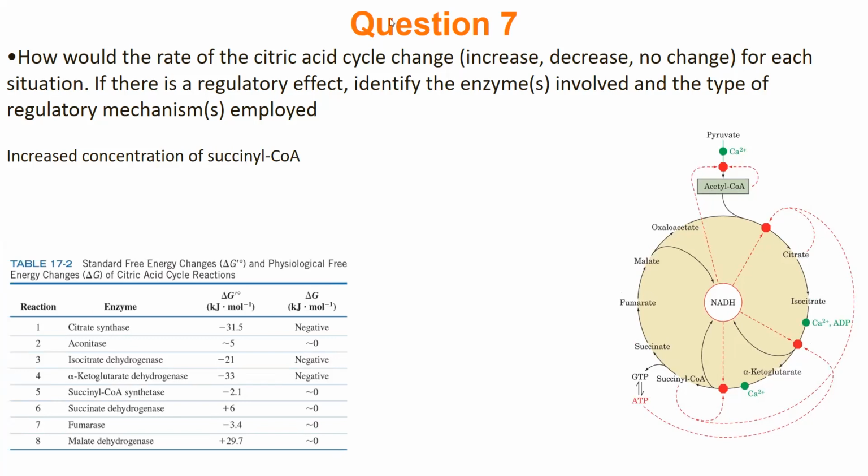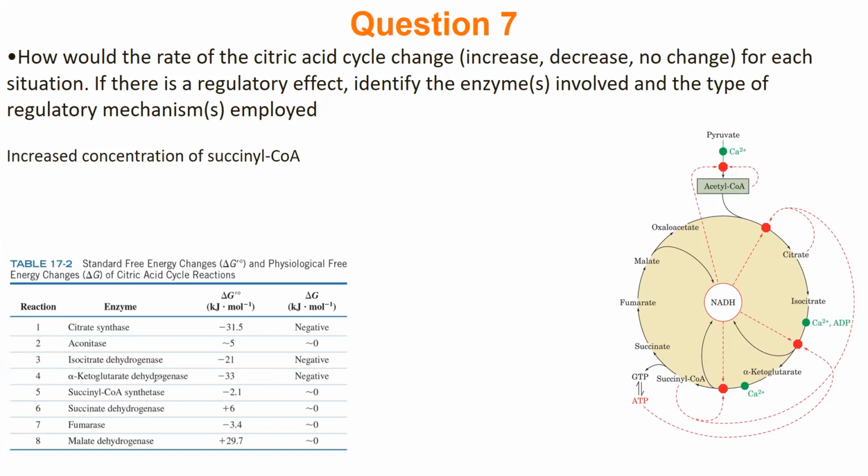Succinyl coenzyme A has the same type of mechanism as citrate did. With increasing amounts of succinyl coenzyme A, it will go and inhibit the enzyme that creates it, feedback inhibition.